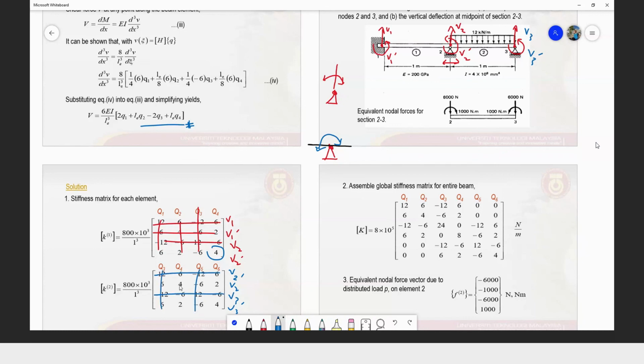So the active ones are these 4 only. But this prime here, V2 prime exists in K1 and also in K2. So this one we have to combine it.